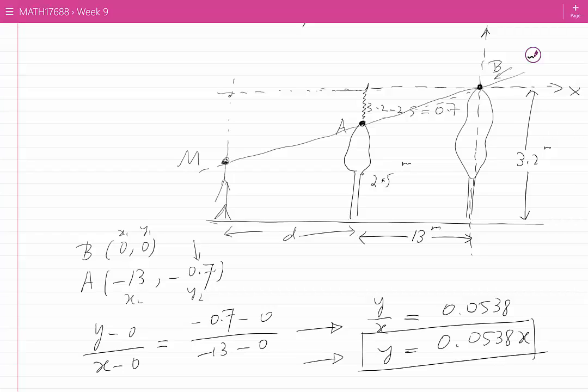But the coordinates of point M, which is the head of the individual, are found this way. The x of point M is equal to 13 plus D, but with a negative sign. So the coordinates of M are minus 13 plus D, that would be the x coordinate, and the y coordinate is found this way.